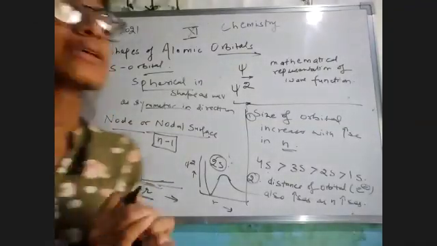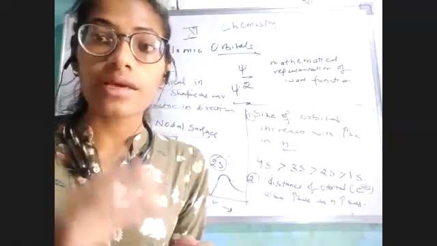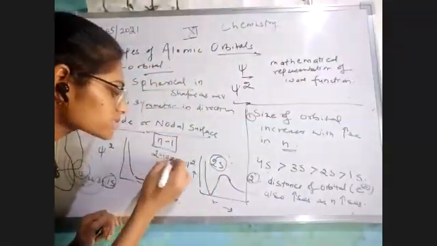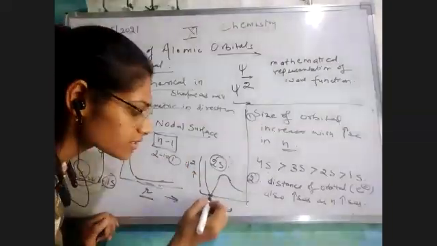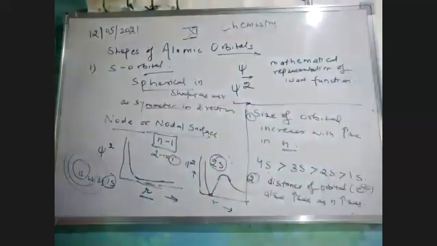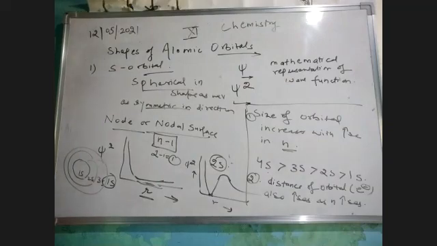But if I'm talking about 2s, that means n equals 2, there is one node present over there, where the probability is 0. Same if I'm talking about 3s, 4s, and so on, the nodes keep increasing.